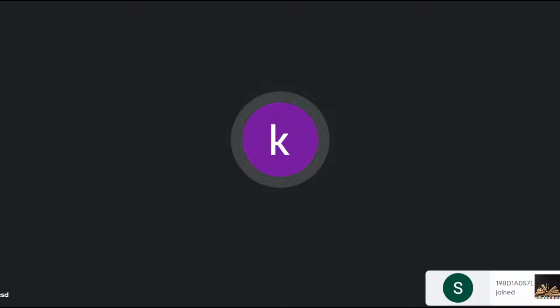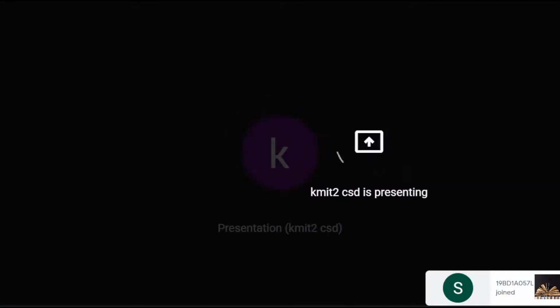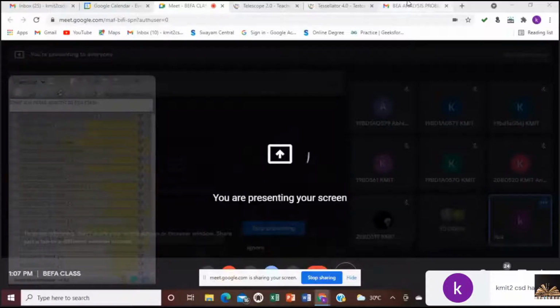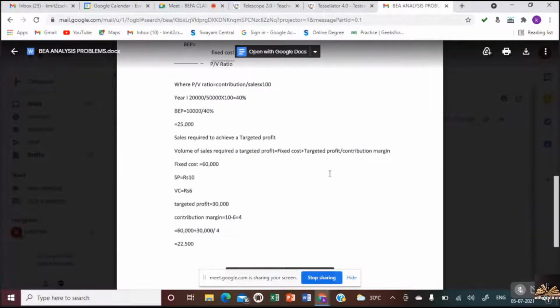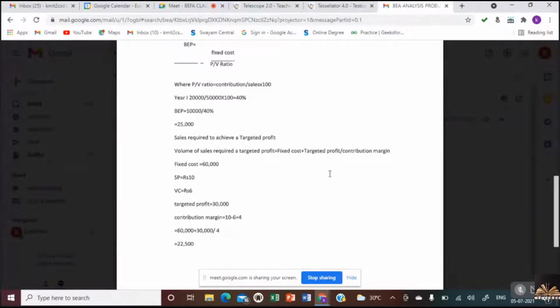Shall I repeat once again, or shall I move on to the problems? See here the formula: volume of sales required to achieve a targeted profit is fixed cost plus targeted profit divided by contribution margin. So now take down the problem.